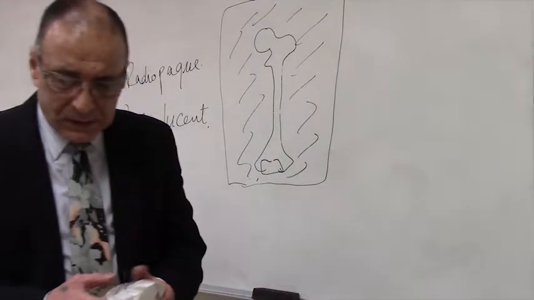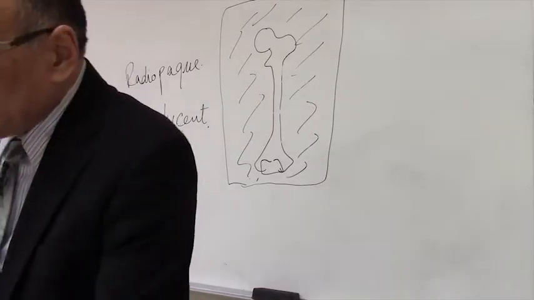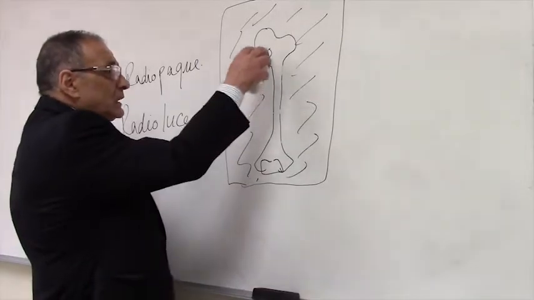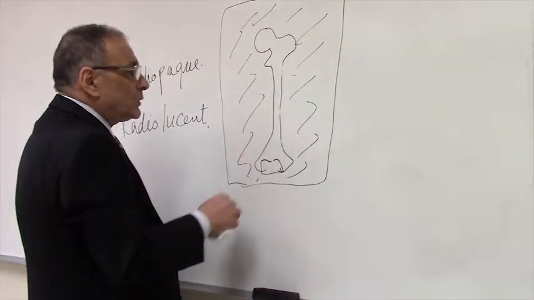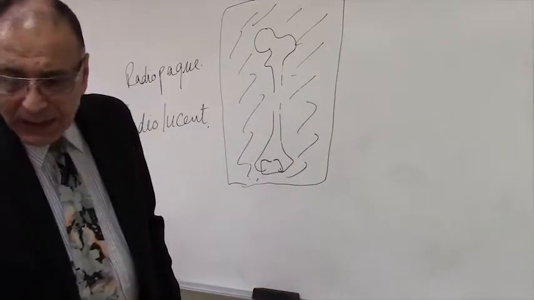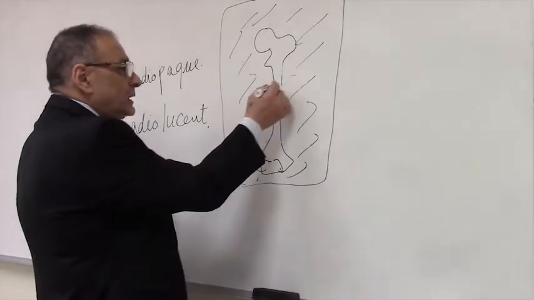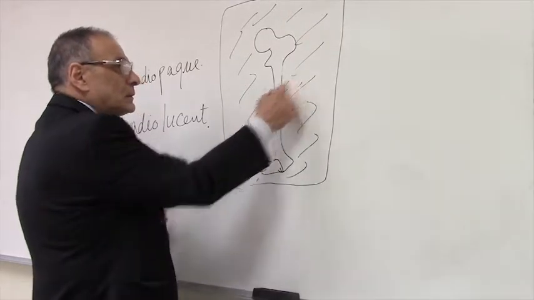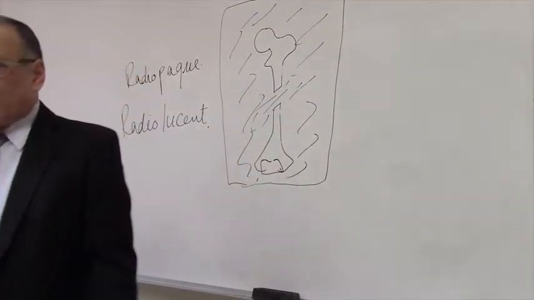Let me show you this. If you do an X-ray for the bone and you find the bone like this, but someone came in an accident and you find the X-ray is going like this, what does that mean?